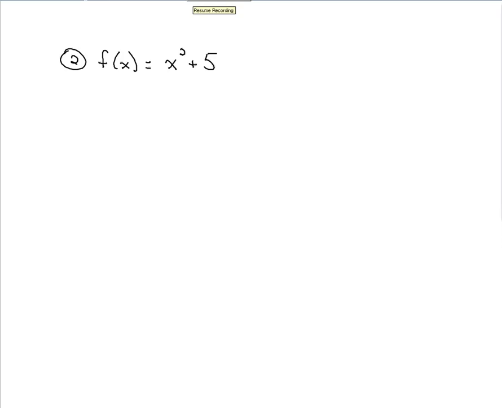All right, we've got a parabola. We know it's not going to be 1 to 1, but we're trying to show why. So we take the derivative. Taking the derivative of this is pretty straightforward. It's going to be 2x. We use this critical numbers approach, where the derivative equals 0 or the derivative does not exist.